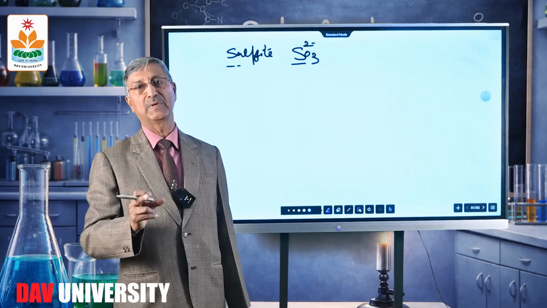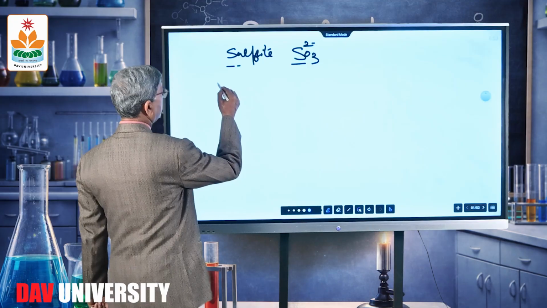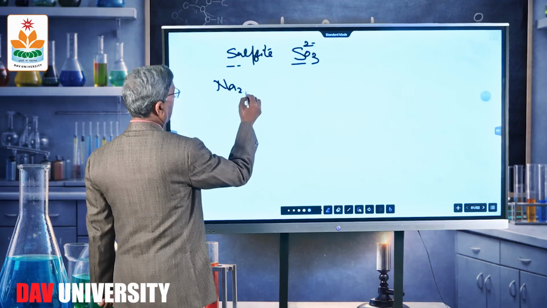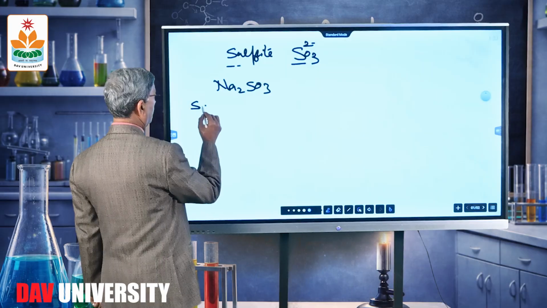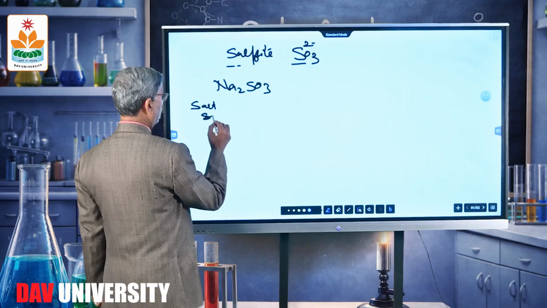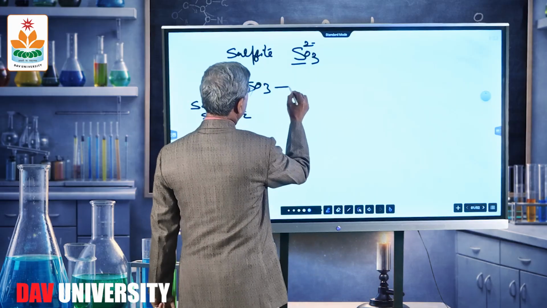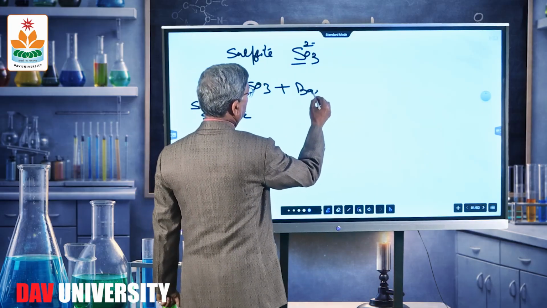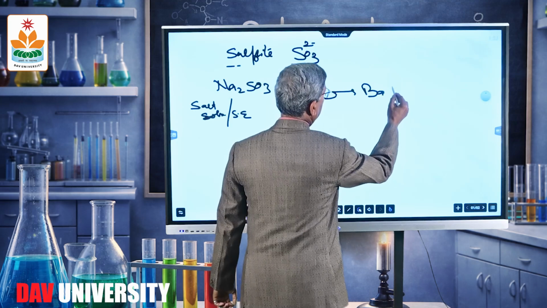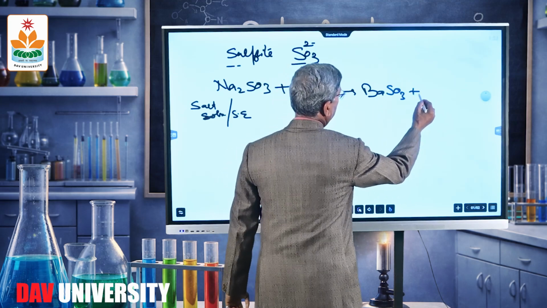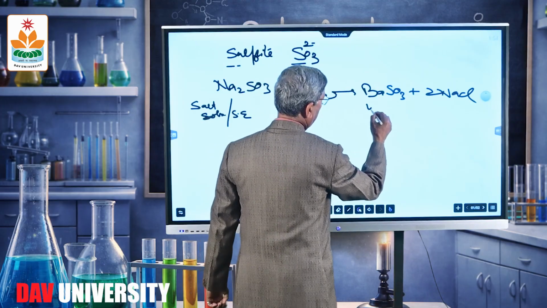And this white precipitate will be soluble in dilute HCl. So see what happens. We have got Na2SO3, this is salt solution, SC. In this, we add barium chloride. We get the formation of barium sulfite plus 2 NaCl, and this barium sulfite is a white precipitate.